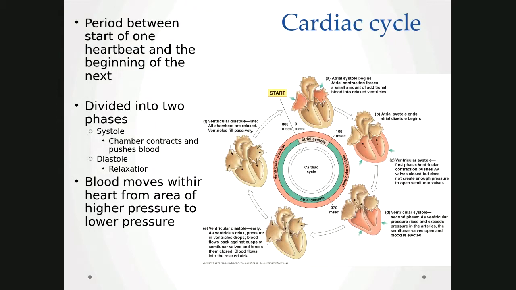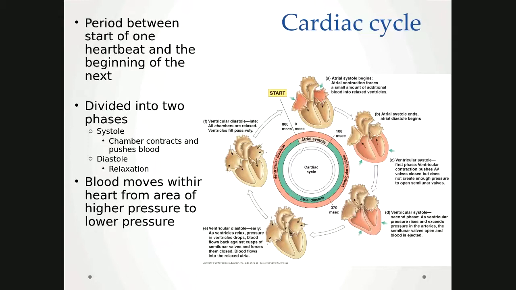Okay, and when a heart goes through a cardiac cycle, the atria and the ventricles are not always going to be in atrial and ventricular diastole and atrial and ventricular systole at the same points in time. So to be able to communicate what is happening in a cardiac cycle, you need to be able to effectively communicate when our heart atrial cells are in diastole versus systole, and when our ventricle cells are in diastole versus systole.